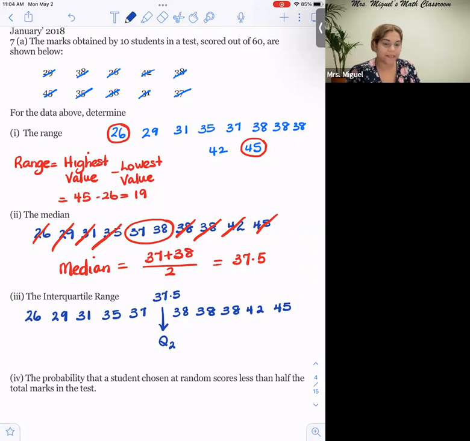We need to find the lower quartile. So to find the lower quartile, I have 31. This is the lower quartile, which is Q1. Do you all have that as a lower quartile?